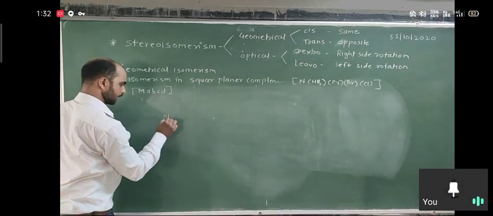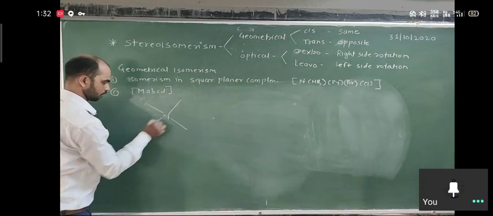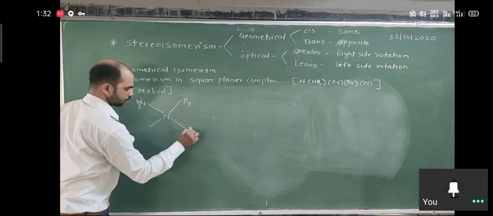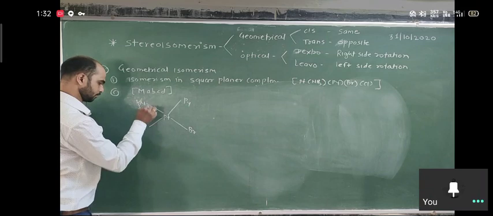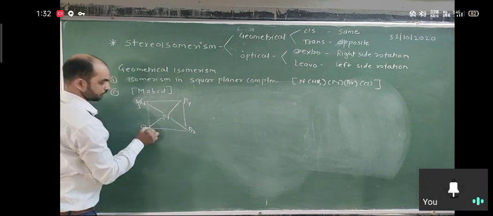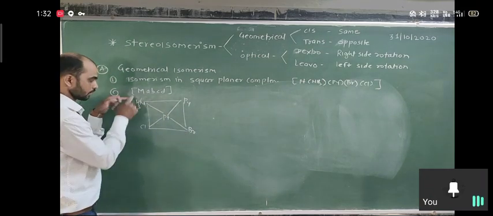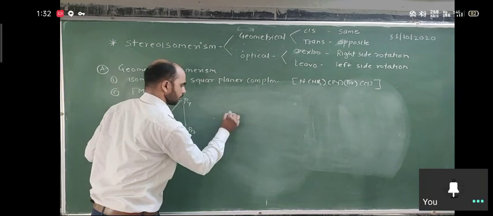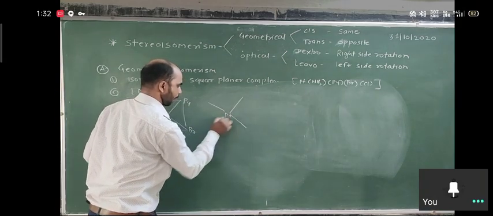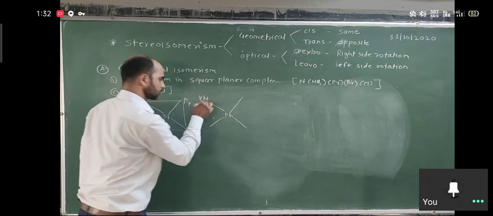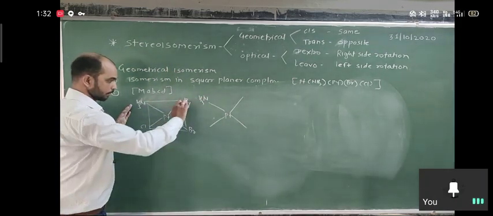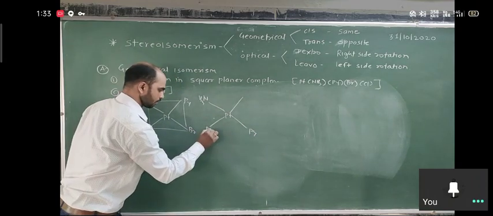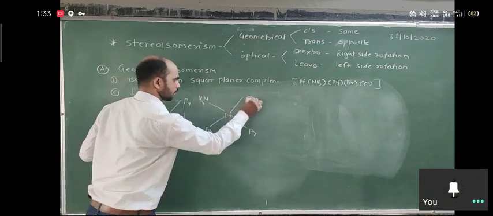Okay, so we are going to discuss, first, platinum at the center. Suppose here is the NH3, pyridine, bromine, chlorine. Okay, this is the first structure. In the second, we hold NH3 on the same position and just rotate the other three. NH3, so pyridine shifts here, bromine is here, and Cl is here.